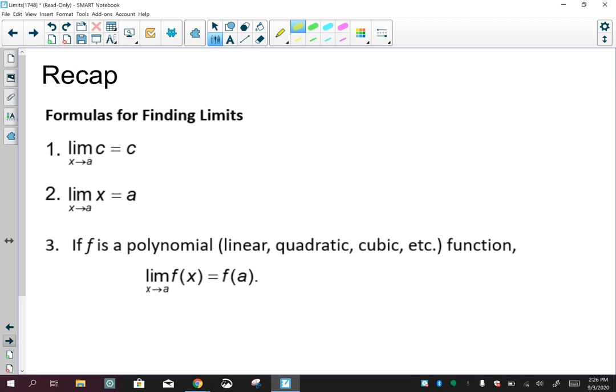These are your formulas that you primarily have. So you have your constant formula, this one here. You have your identity. And then this is simply saying that for the most part, if it's a polynomial, then you just plug it in and whatever that answer is, that's your y value, and you get that as an answer.